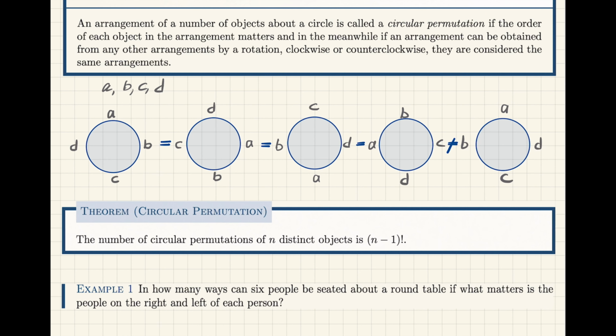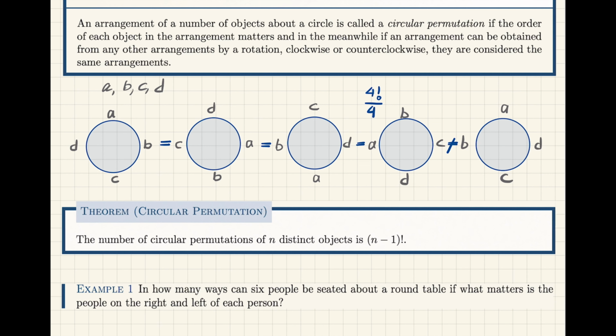So it means that if I want to know the number, I calculate 4 factorial, which is just the number of normal permutations, but I have to divide this by 4, because each permutation that I write has 4 rotations if I have 4 objects, but these 4 rotations do not produce a new circular permutation for me.